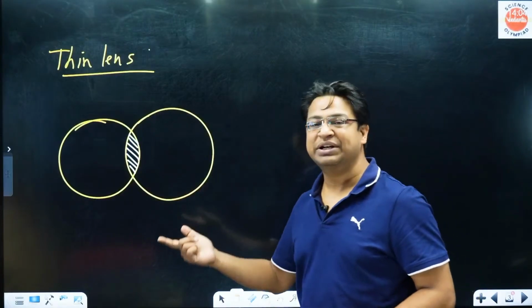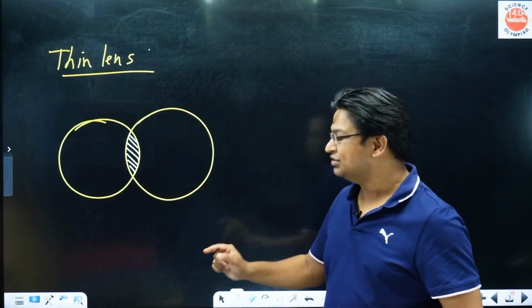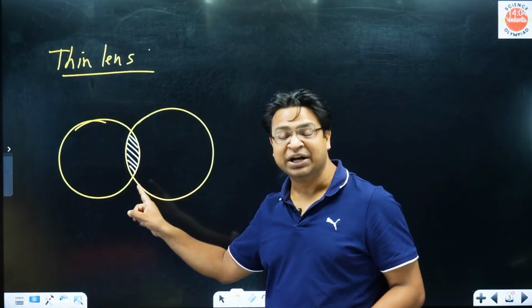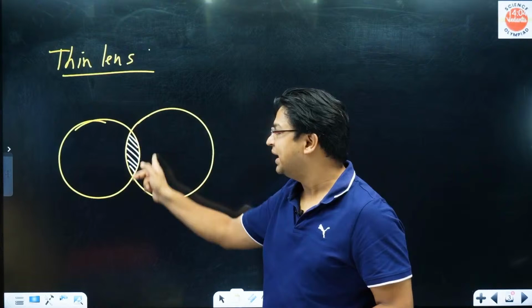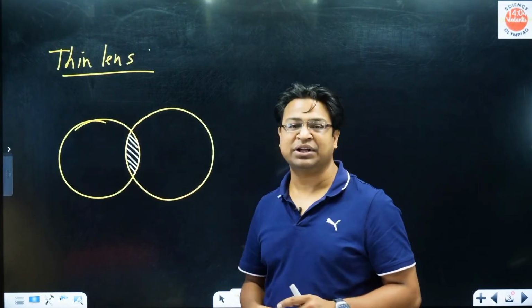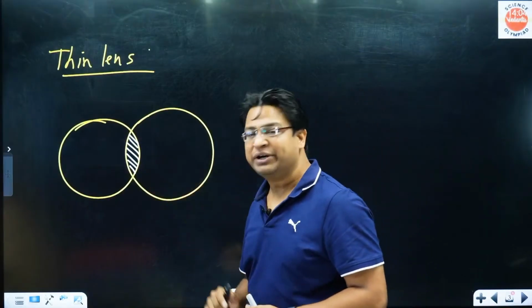A lens is a transparent refracting medium bounded by curved surfaces. So this is one type of lens.